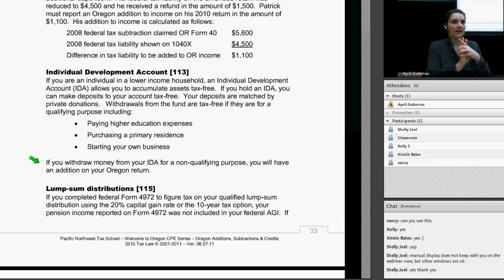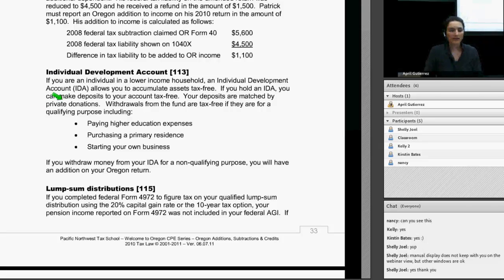So there's about 3 different ways IDAs impact tax filers, and it can be worthwhile to read that section on IDA accounts in Pub 17.5 because it describes them in a completely different way than I cover them in this course. In this course, I strictly look at the rules for when you have an addition and how to calculate it, and when you have a subtraction and when you have a credit.